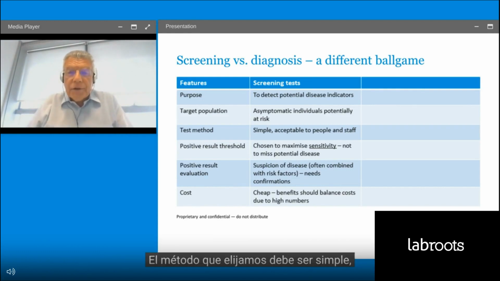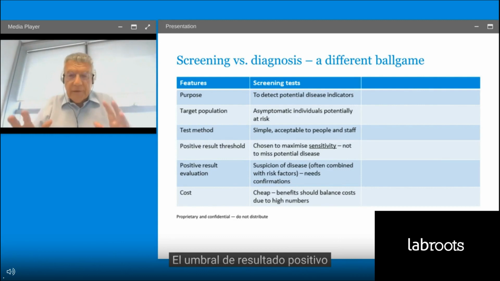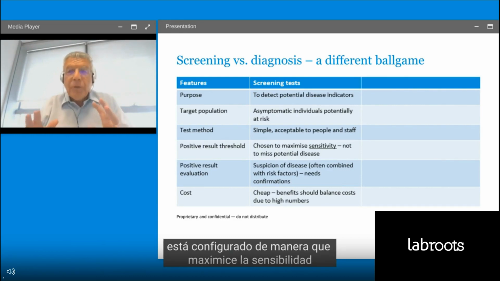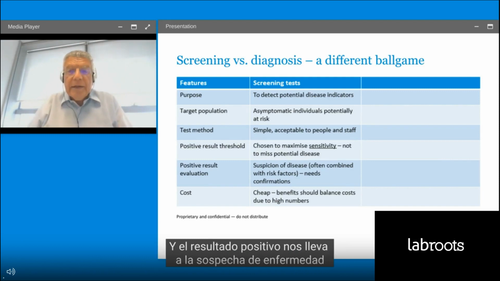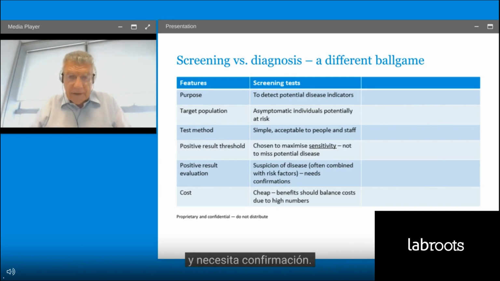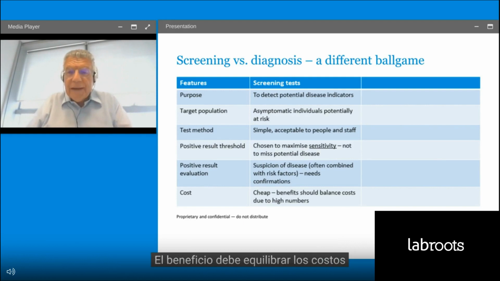The method we choose should be simple and acceptable to the people and the staff that will perform testing. The positive result threshold is set to maximize sensitivity because we cannot afford to miss potential disease. The positive result brings a suspicion of disease and needs confirmation. Ideally, a screening cost should be cheap, and the benefit should balance costs due to the high number of individuals to be screened.